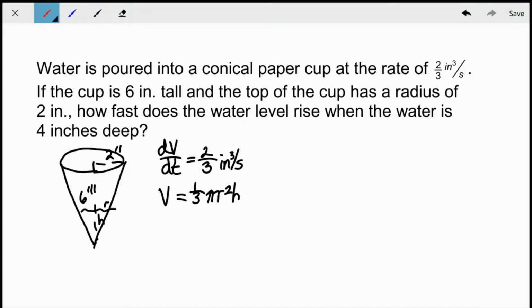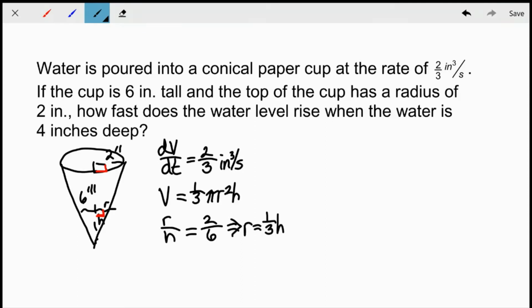So if I were to look at that right angle there and this right angle here, you can now see how we have similar triangles. So one of the triangles would have legs of r and h. The other triangle would have legs of 2 and 6. So what I'm going to do is I'm going to write a proportional relationship here. r over h is the same as 2/6, which tells me that r is equal to 1/3 h.